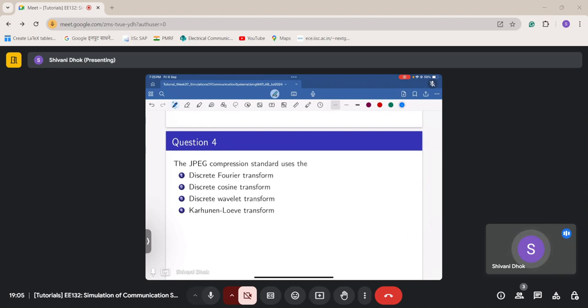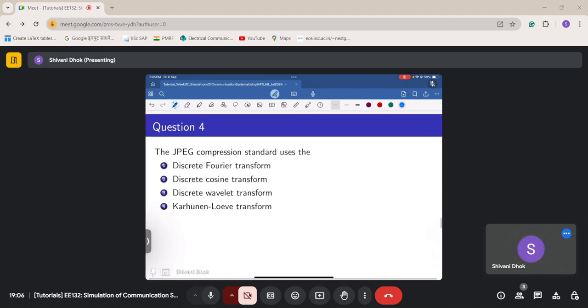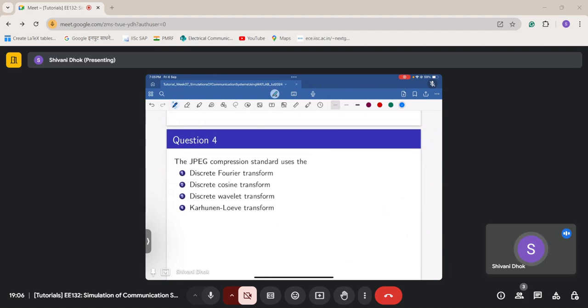Okay, so this is related to the JPEG compression standard, and this is for images. JPEG stands for Joint Photographic Experts Group.